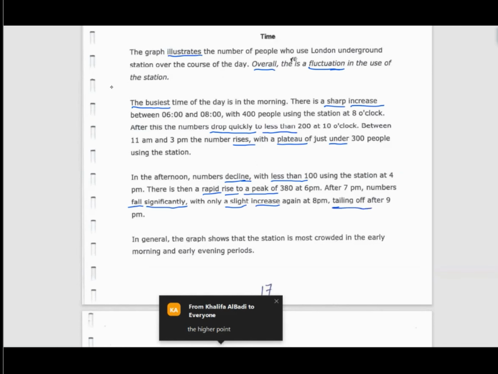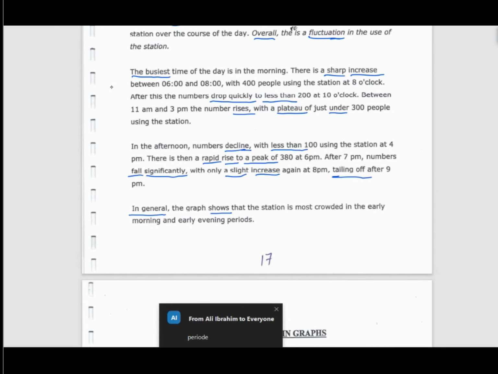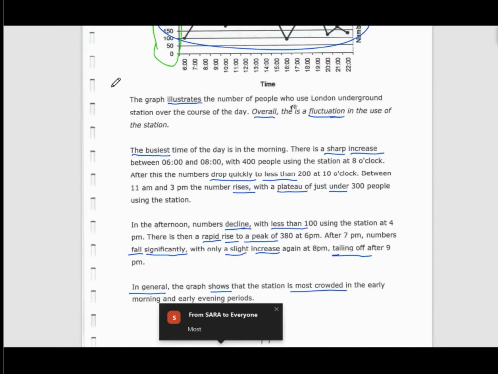Tailing off. Ending, tailing off. The last paragraph. In general, shows, most crowded. Very good. So this is an example of a report.